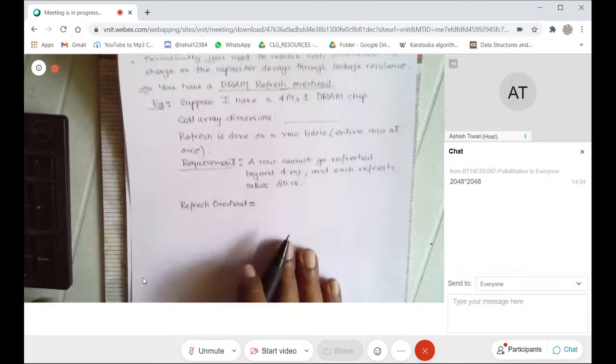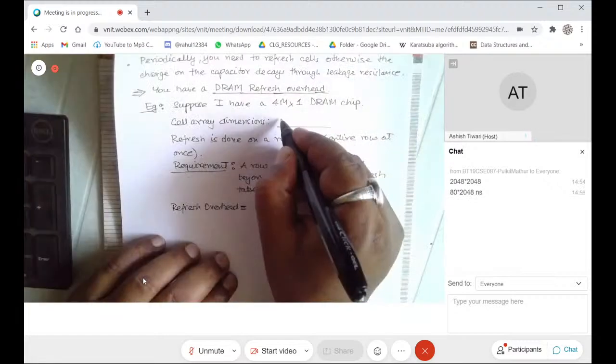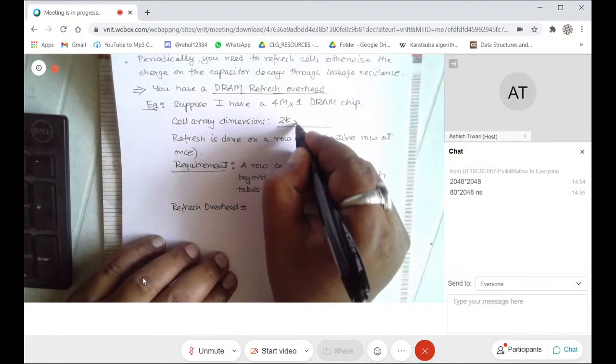I want to calculate the overhead, in percentage, which would be required for refresh operations. You realize refresh operations are not read or write operations, right? They are not useful operations, but they are required to maintain the data, right? So, okay, cell dimensions are 2K cross 2K.